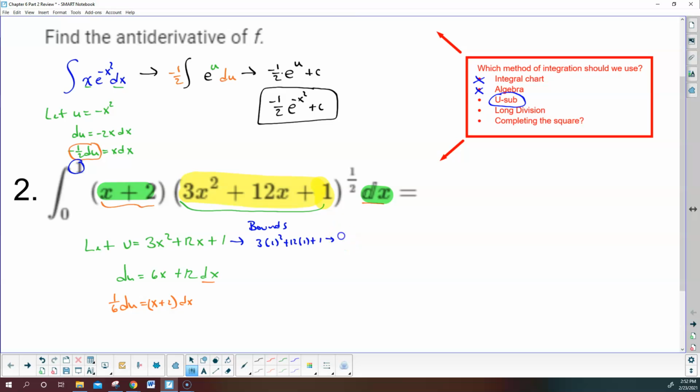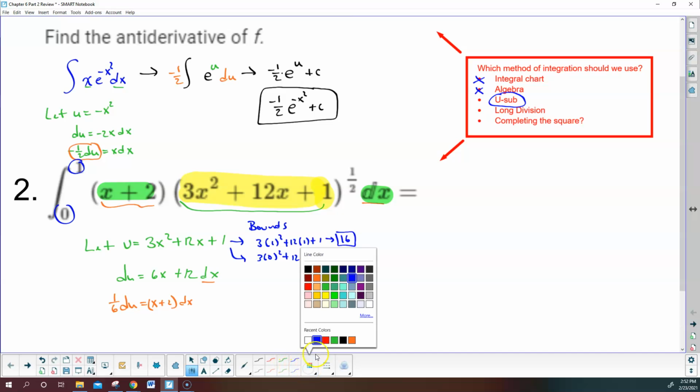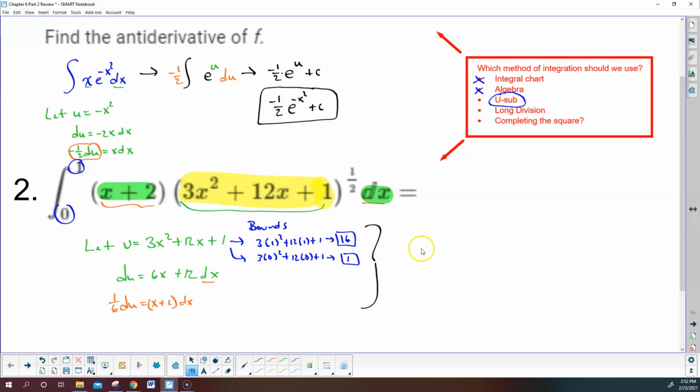Well, that's 16. And then what if I evaluate 0? We've got to evaluate both the upper and lower bound. Well, if I plug in 0 here, here, and here, all that's left is a positive 1. So all of this allows me to rewrite my integral with the new bounds from 16 to 1.